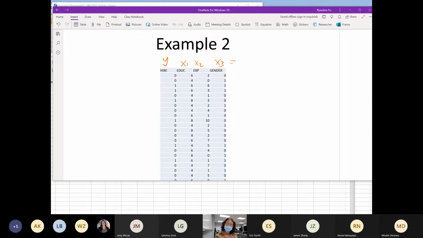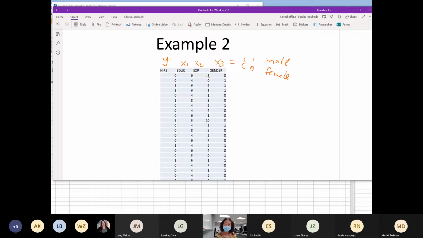Okay. 1 represents male, 0 represents female. Sorry, this is not inclusive, okay? We should have other categories. Experience is the number of years.